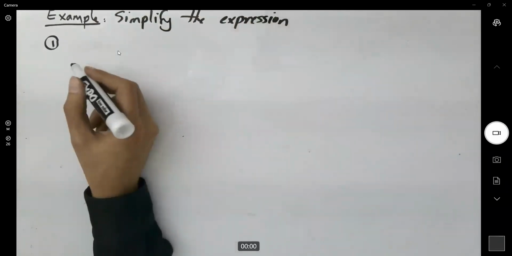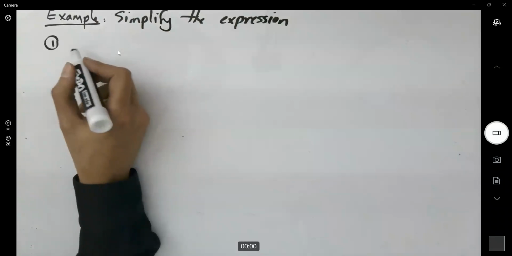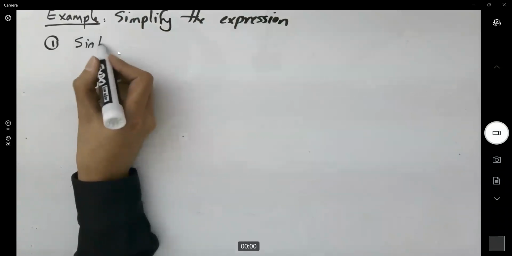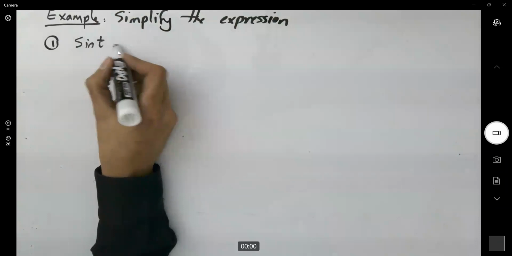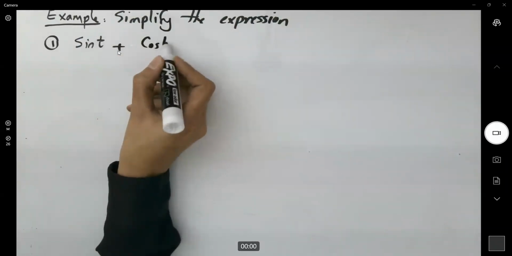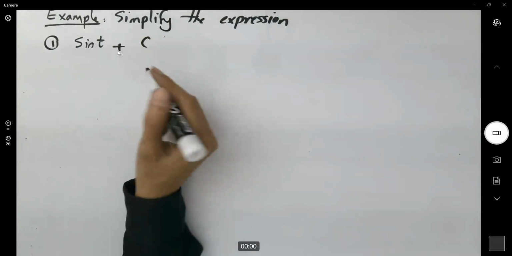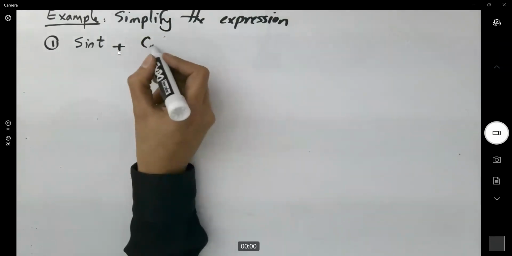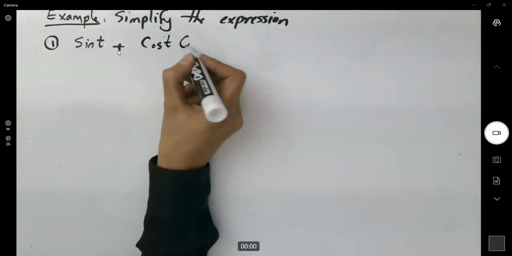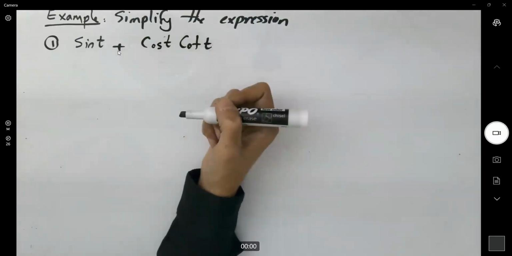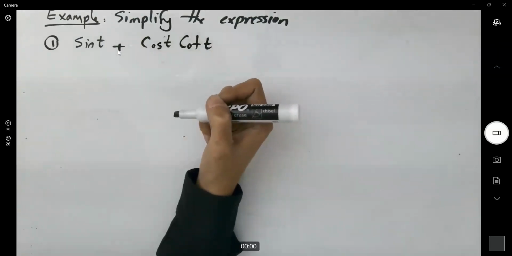Well, what is the expression? The expression given to me is sine t plus cosine t times cotangent t.